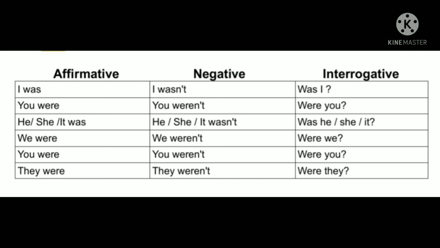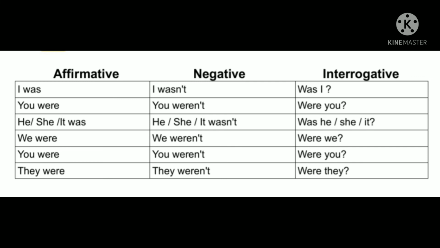We were there. Were we there? And we have were you? It's the same as the singular one. And we have were they? They were in the bar, for example. Were they in the bar? To ask a question.